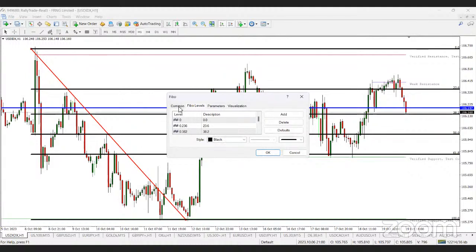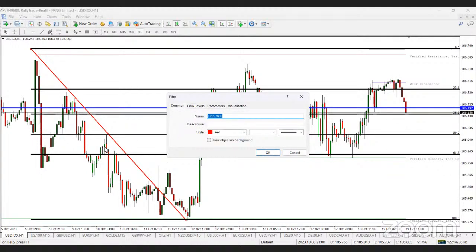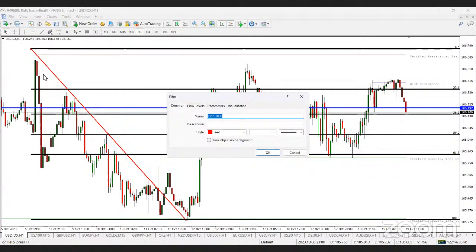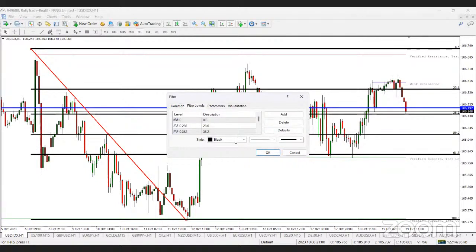But if you go to common, you have the style to be red, and that red is this diagonal line. So under common, I can change the diagonal line, and under Fibo levels, I can change the horizontal lines of the retracement. Okay, so let's continue.